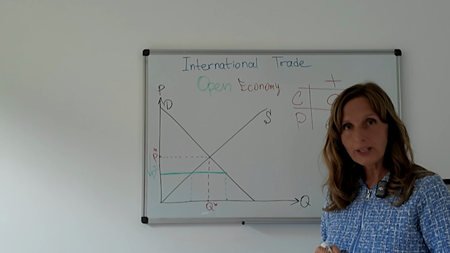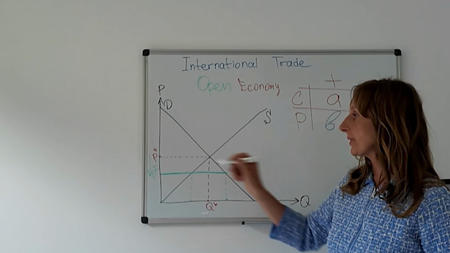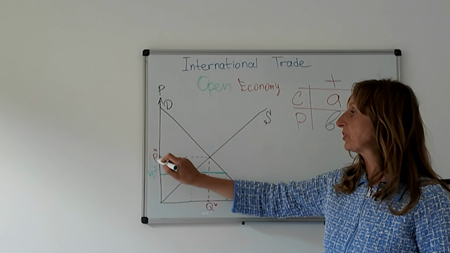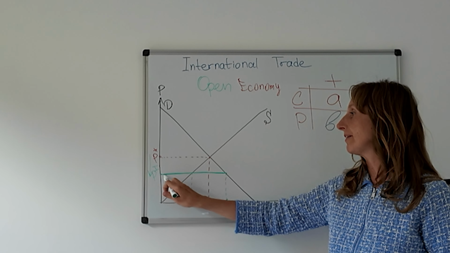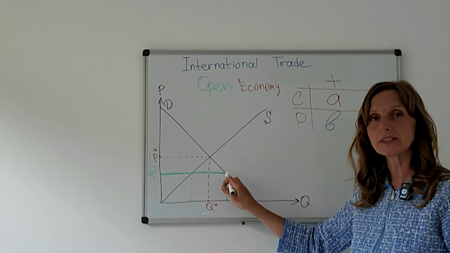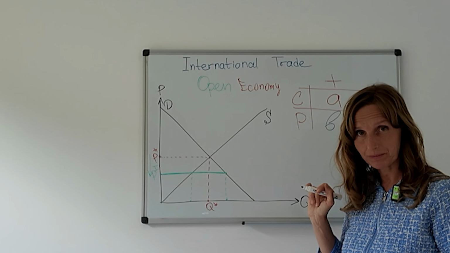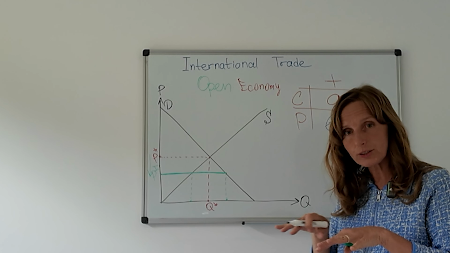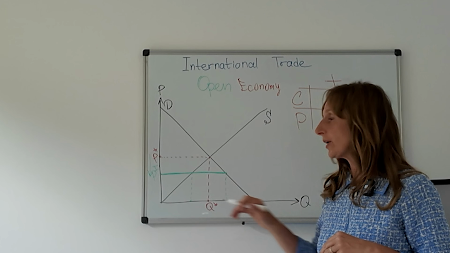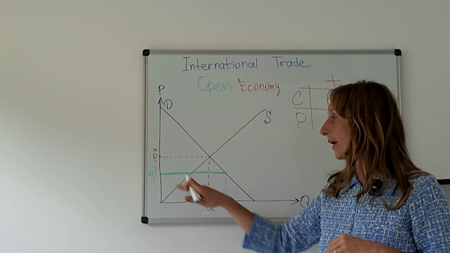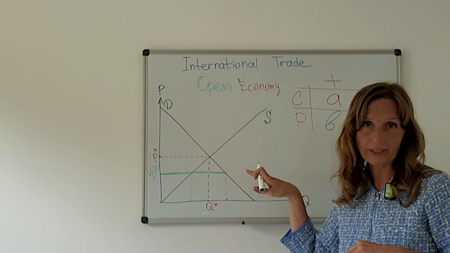What does it mean? It means that the market price in the national economy will fall down to the level of the market price in the international economy. So inside the market of this country, you will be able to buy goods at the international price.